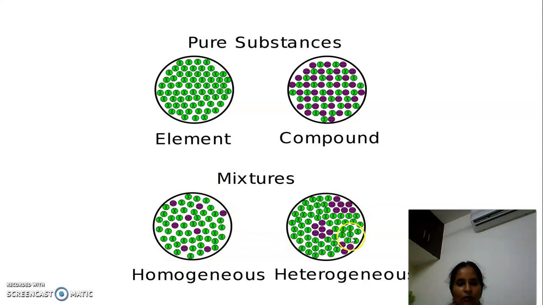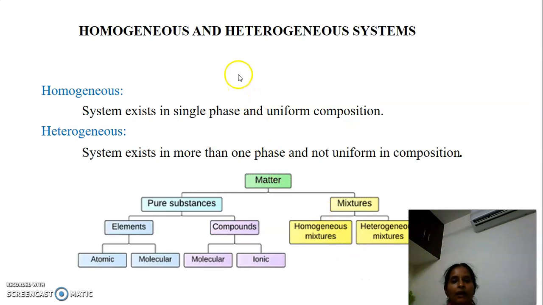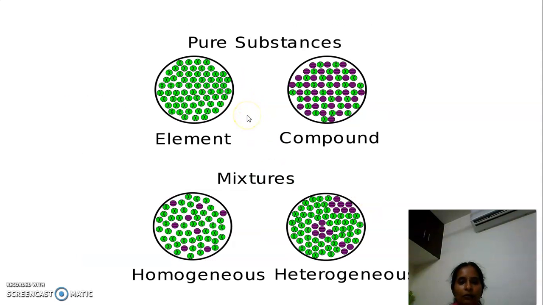Heterogeneous means it is not uniform, where it is not evenly distributed, and then we call it heterogeneous.